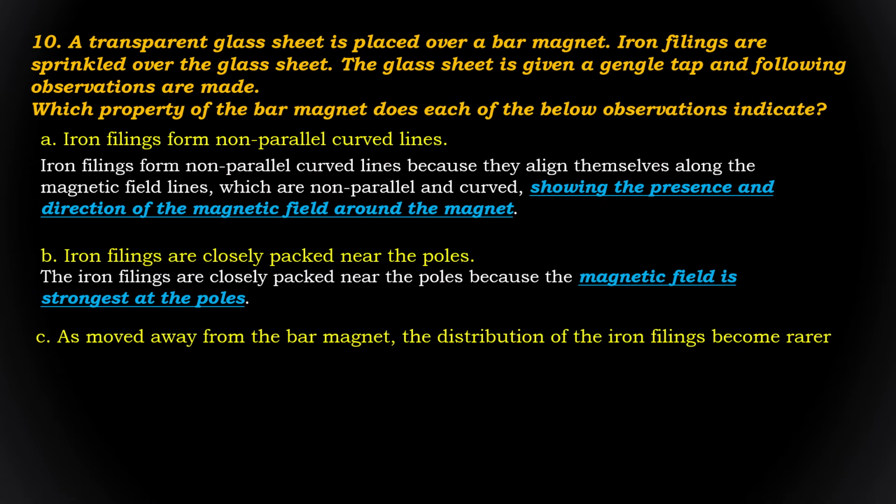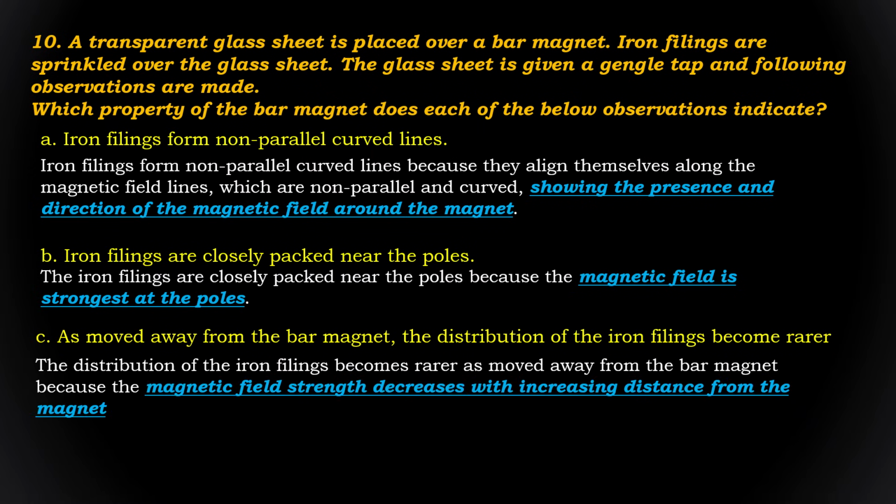This property we all know. And the last one is, as we move away from the bar magnet, the distribution of the iron filings becomes rarer. So it is because the magnetic field strength decreases with increasing distance from the magnet. So whatever is underlined, those are the properties of the magnet which make the scenarios A, B and C. Let's go to the next question.